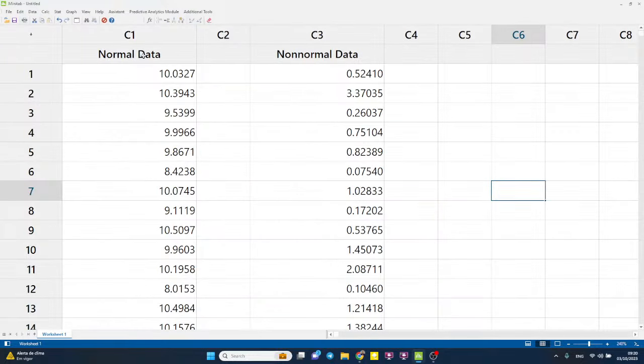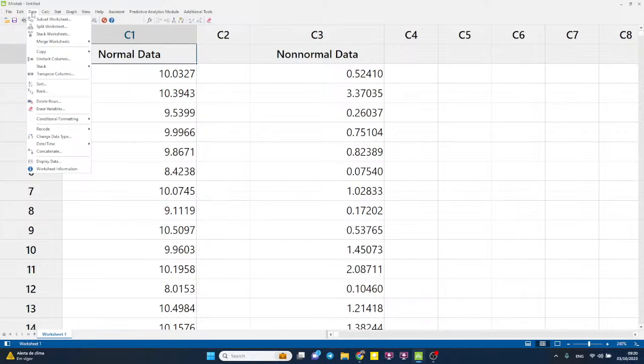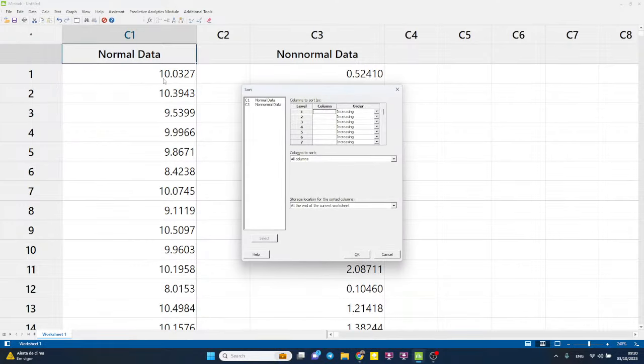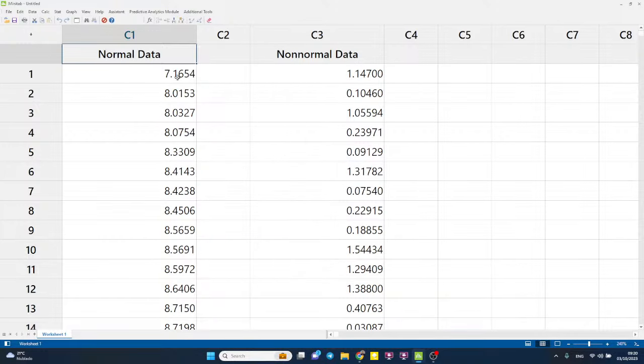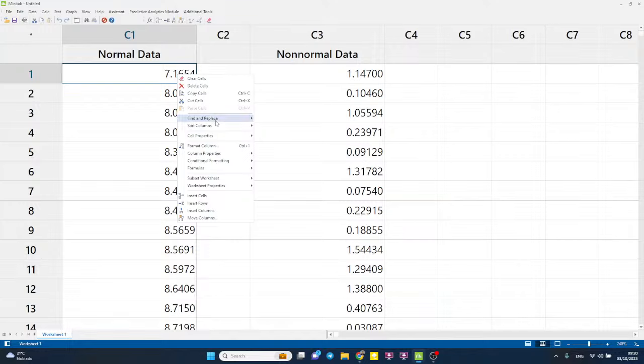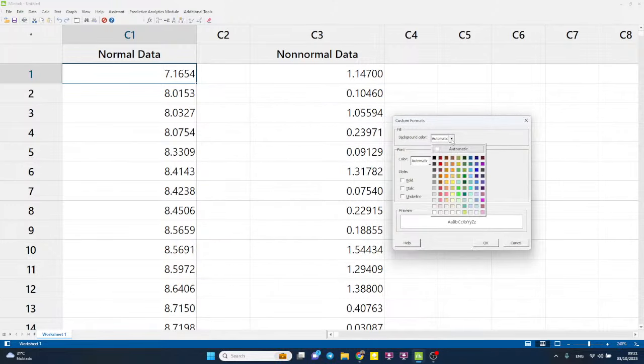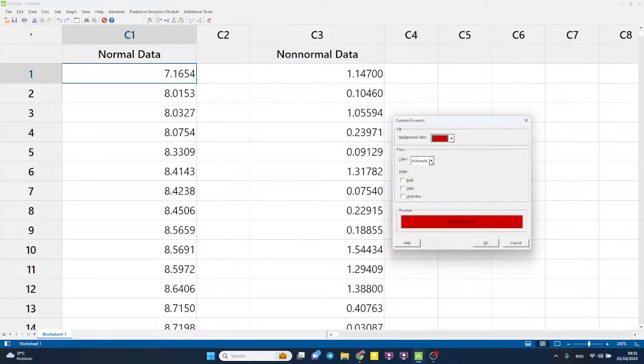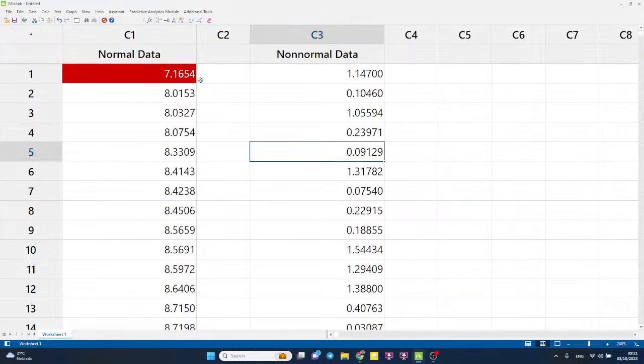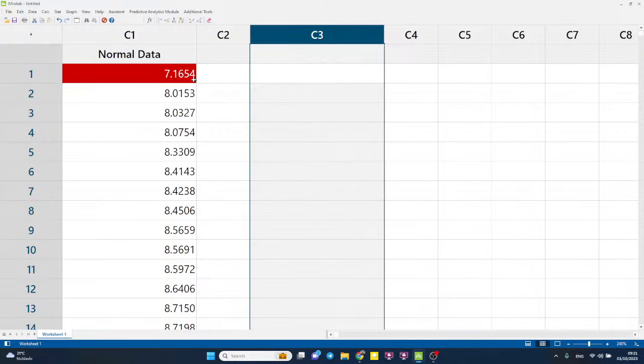And let's now sort our data. See that we have here one data point, let's put the same red, that is 7.16.